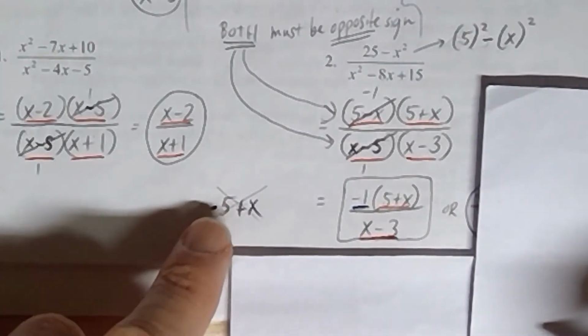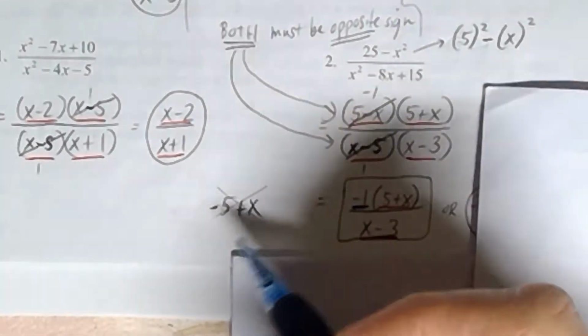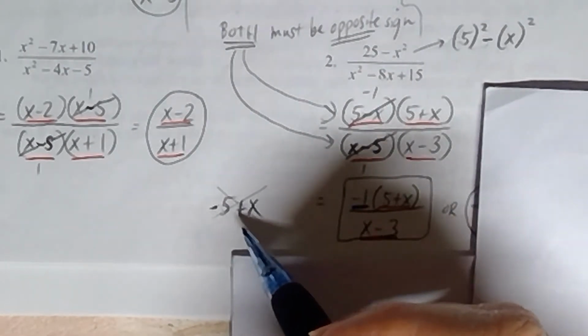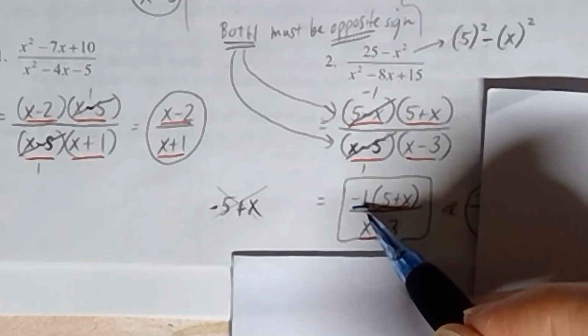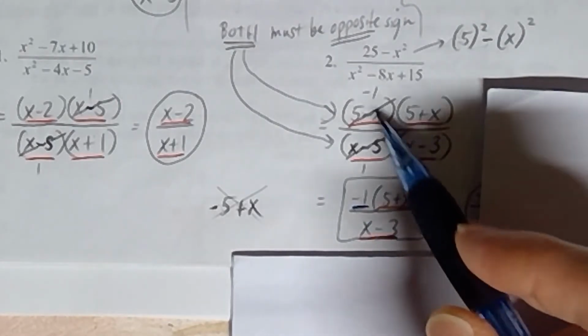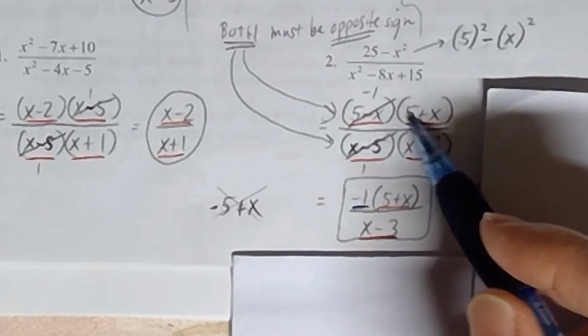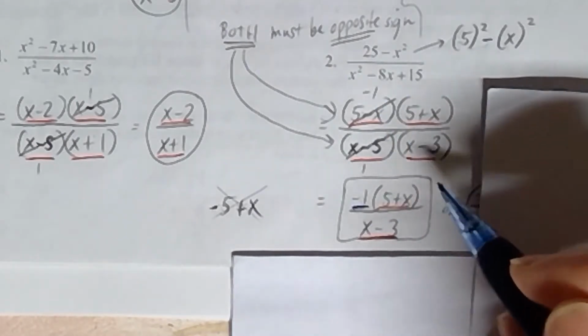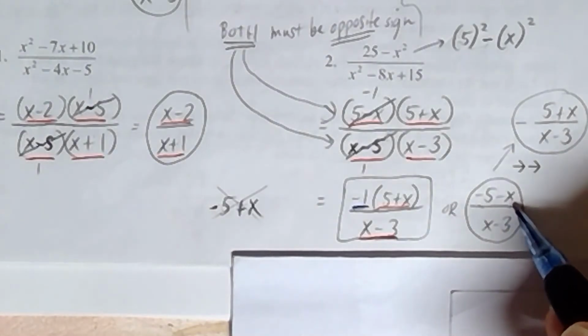They would just take the negative and push it up next to the 5. No, that's not correct. You've got to keep the bracket around the 5 plus x, and you either put a negative 1 in front of it, just like it says up here, just write it the same way, negative 1 and then the bracket, or you could distribute that out and you get this right here.